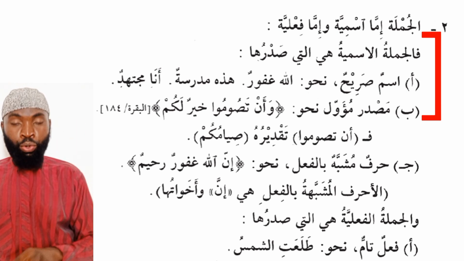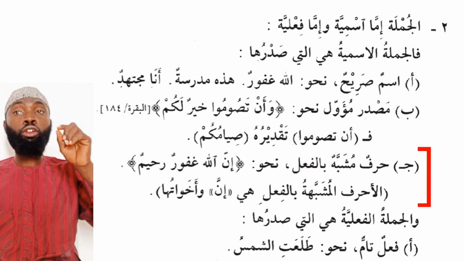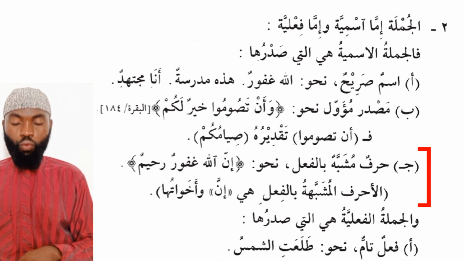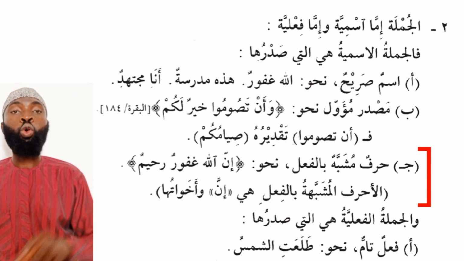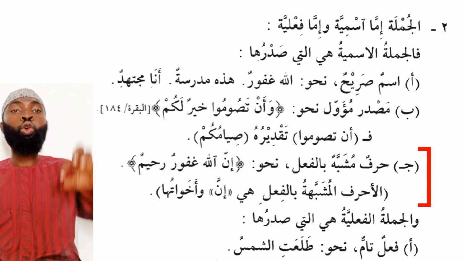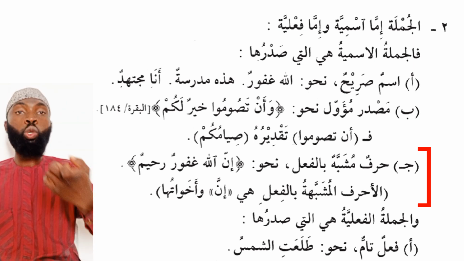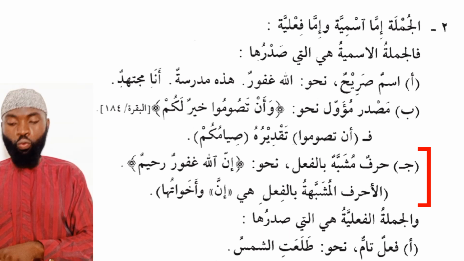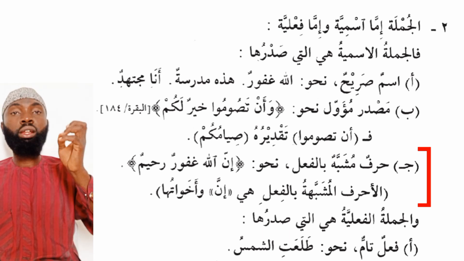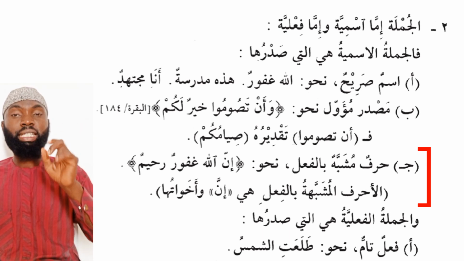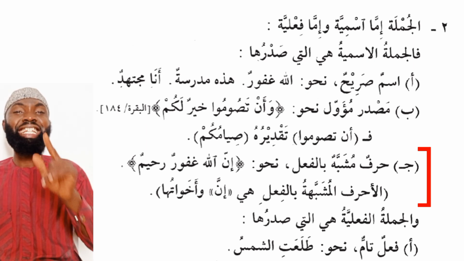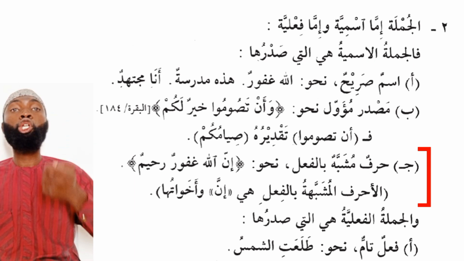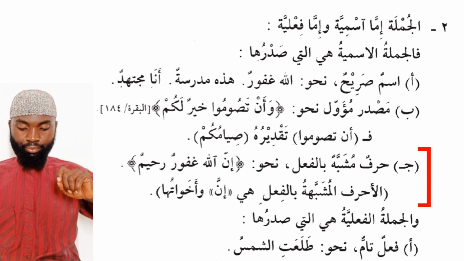The other thing a nominal sentence can begin with is harfun mushabbahun bil fi'l. When a sentence begins with a particle which looks like a verb. An example is Inna Allaha ghafurur rahim. Indeed, Allah is all forgiving, most merciful. So the word inna there is a particle which looks like a verb.